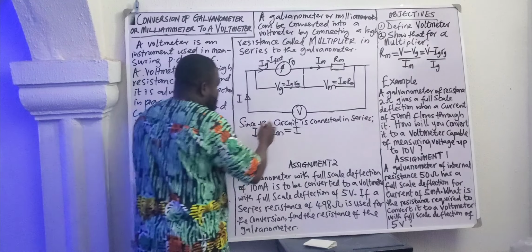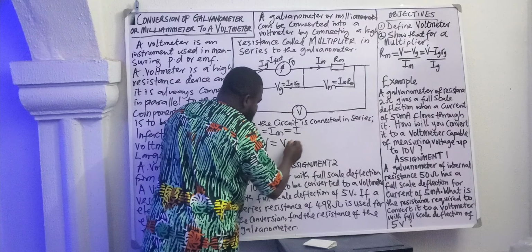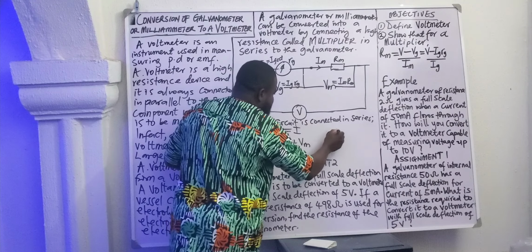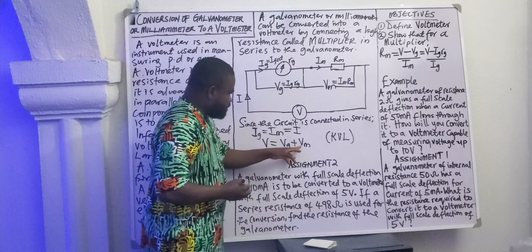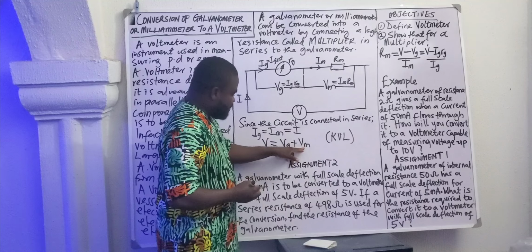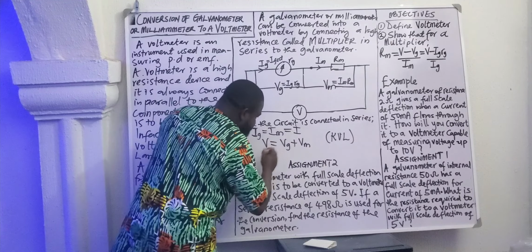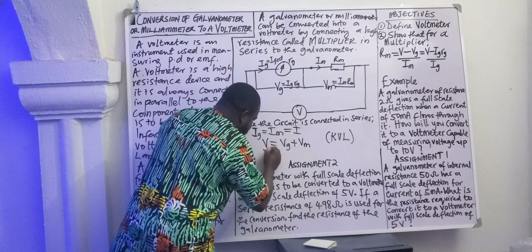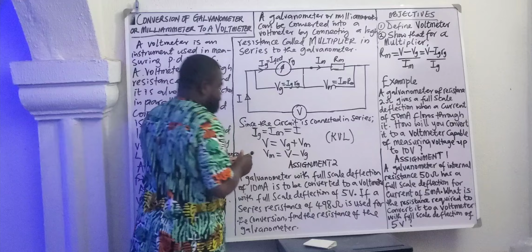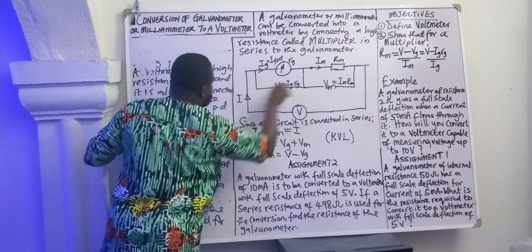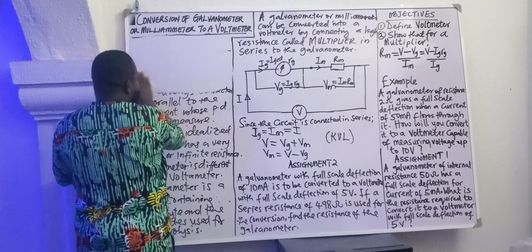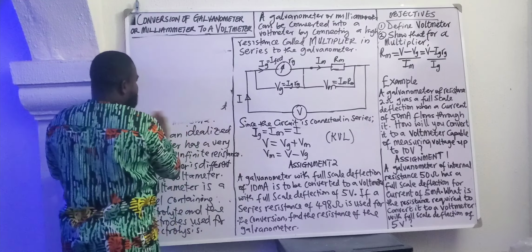Then I said this voltage V is equal to Vg plus Vm according to Kirchhoff's voltage law, which means I can make Vm the subject of the formula. If I make Vm the subject of formula, I have that Vm is equal to V minus Vg. What does that mean? In place of Vm, I can put Im R_M.